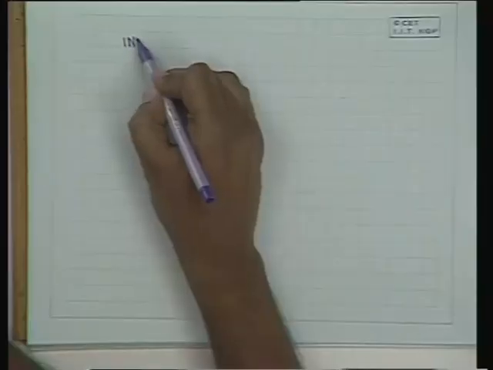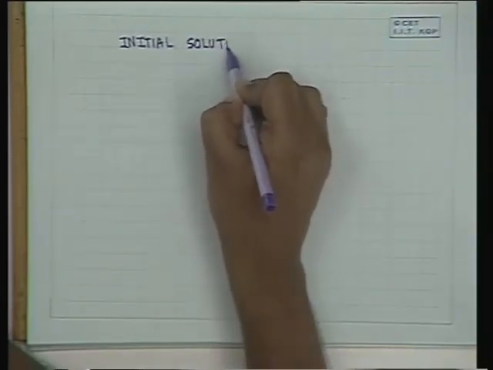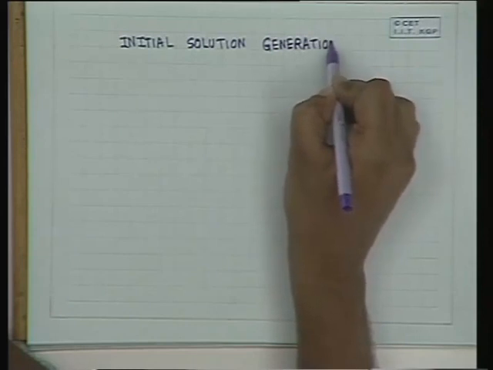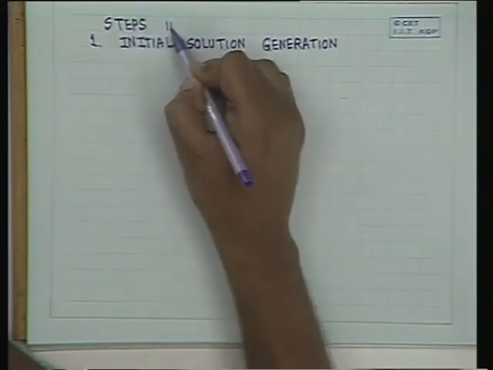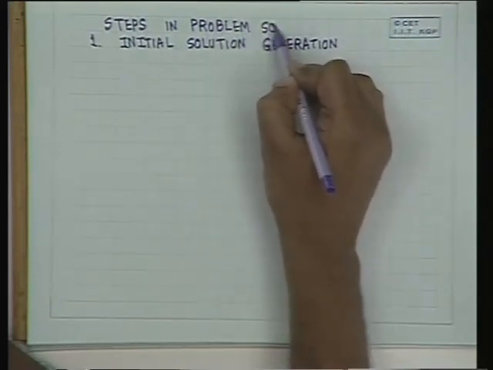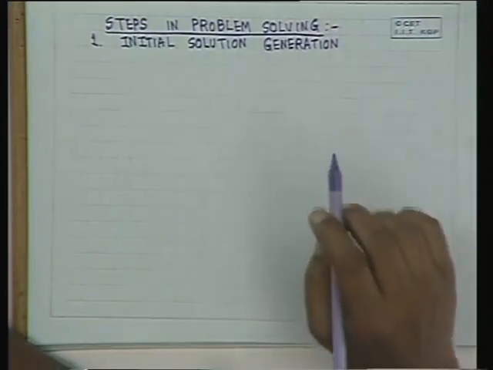Okay? So when you solve a problem, the first part which comes in problem solving is what I would term these are the broad steps, one of the guidelines which can be used in problem solving.